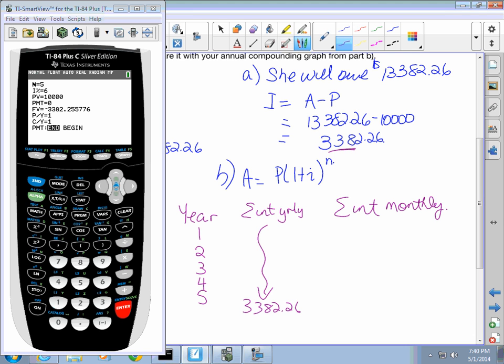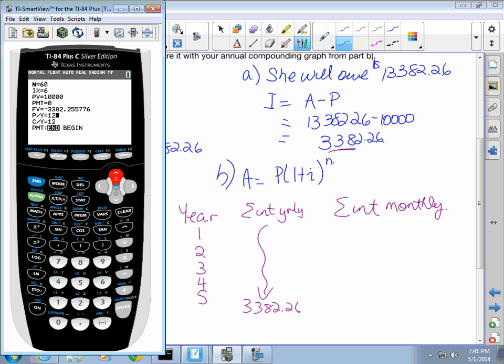If I want to find the monthly, I have to go back into my TVM solver. Because I'm doing it monthly, I've got 12 compound periods over 5 years, so N is going to be 60. My compounds per year are 12, and my payments per year are 12.